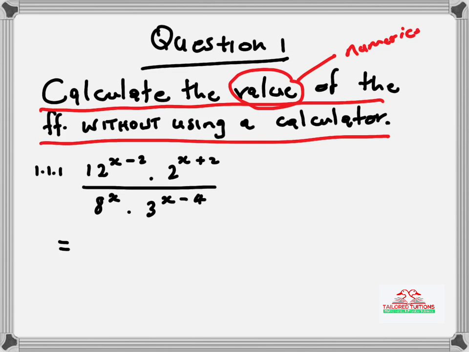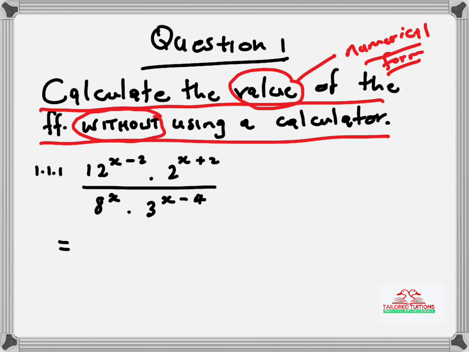In numerical form. That is very important. And then it is again saying in capital letters here without using a calculator. Obviously we know you are going to cheat here and there, but let us try and do it without using a calculator.